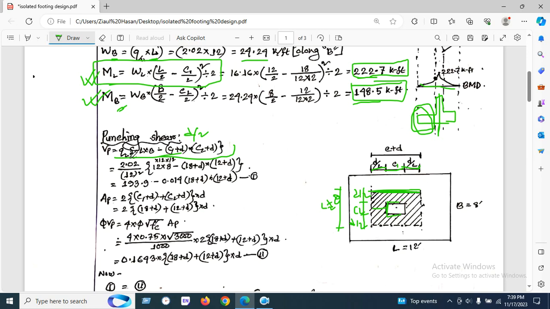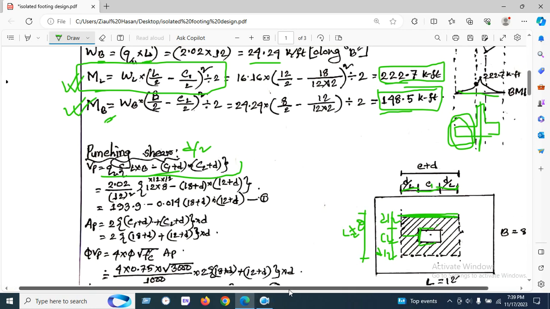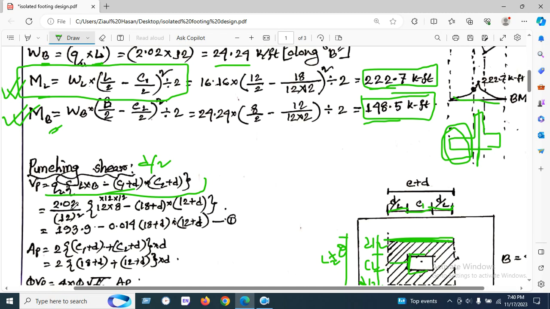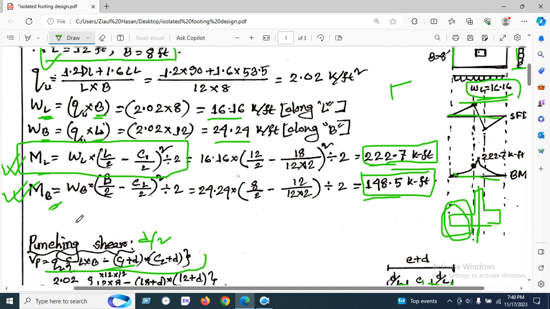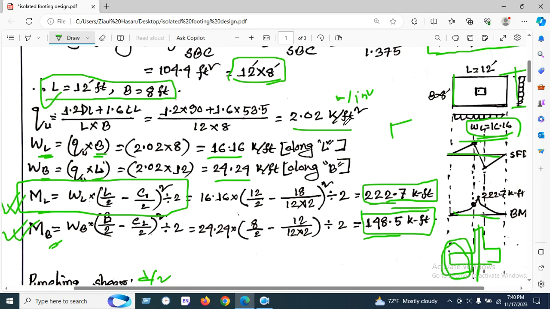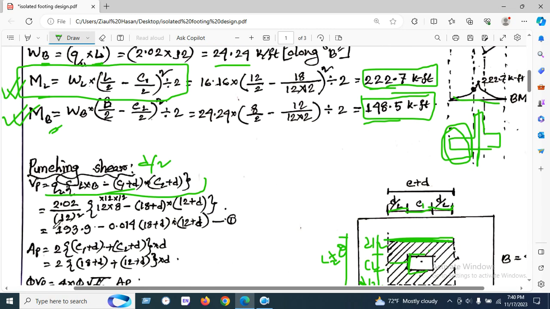Here the value of 2.2 we divide by 12 square, because we found K 2.2 kip per feet square. Now we have to convert this to kip per inch square, because the depth of footing is in inches. That's why we convert this value to kip per inch square and divide by 12 square.